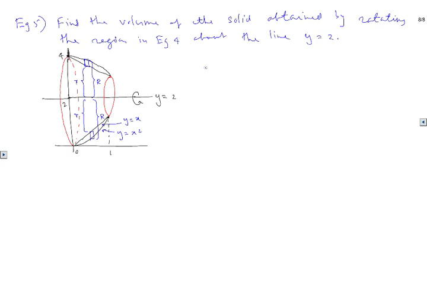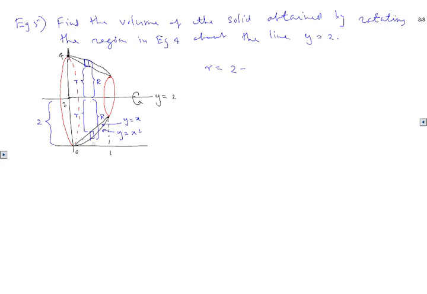It is the total height, in this case 2, minus the y coordinate. You can see this is 2, this is 2. If you subtract the y coordinate of the top curve, you're going to get the smaller r.